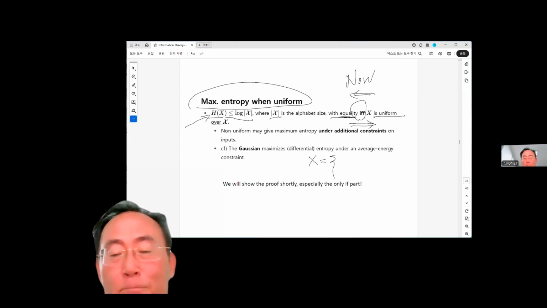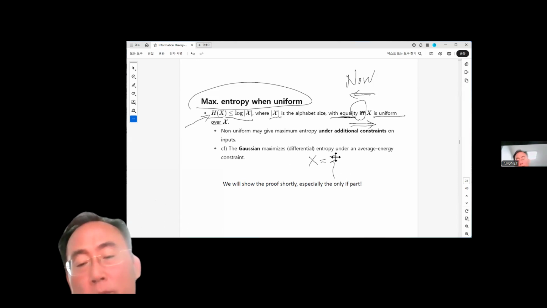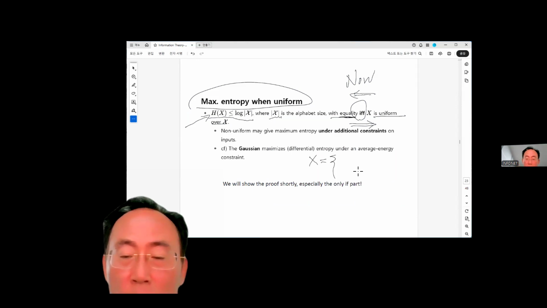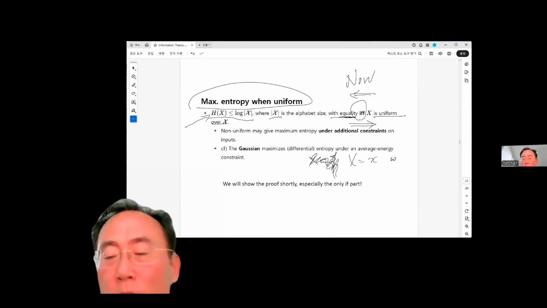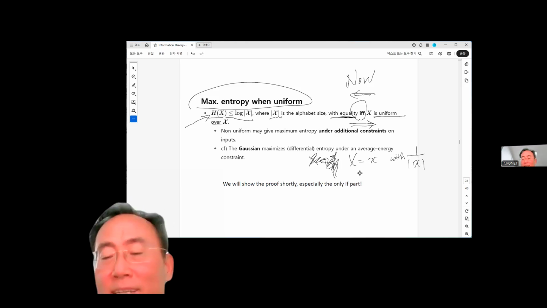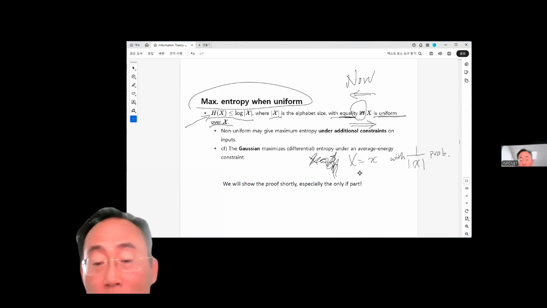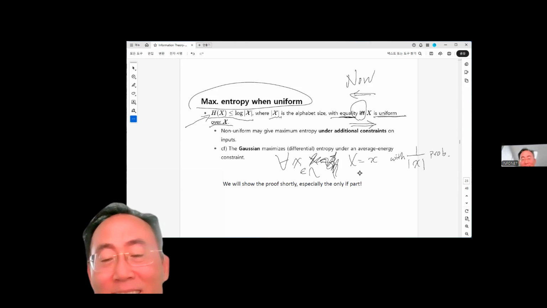That is nothing but, let me erase this part, X is equal to small x with the probability 1 over size of X. That's the definition of uniform distribution over X, right?